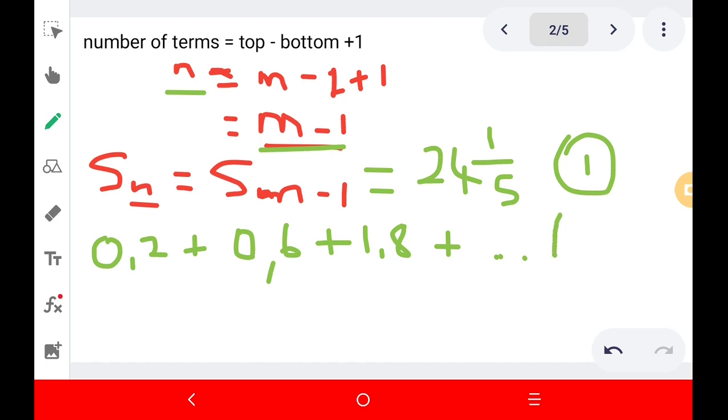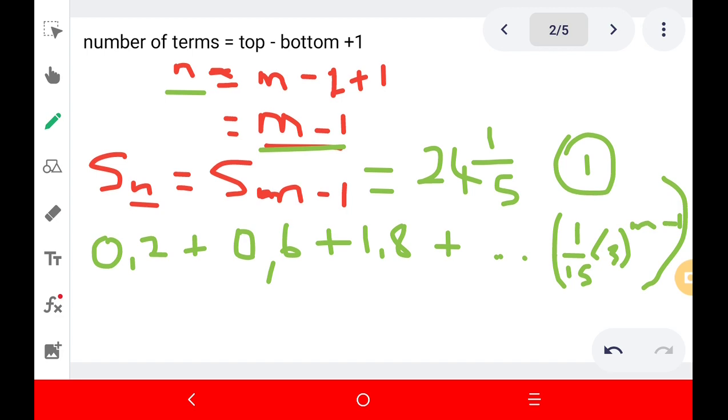So my last term is going to be 1/15 multiplied by 3 to the power of m minus 1. So that's my last term. We'll call this our step 2, expand and get our series. Now we go to the next step.